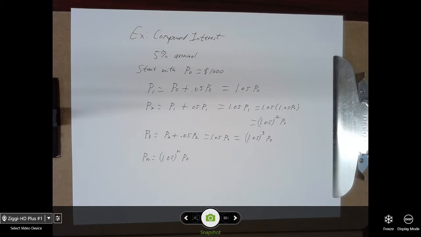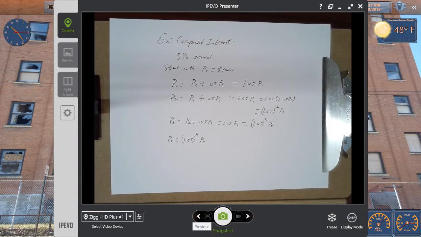This is why investment is a good thing, right? Because initially you put in $1,000, you get 50 bucks right after a year. After 30 years, this will be more interesting. I don't know if it's that much more interesting though. Let's see.